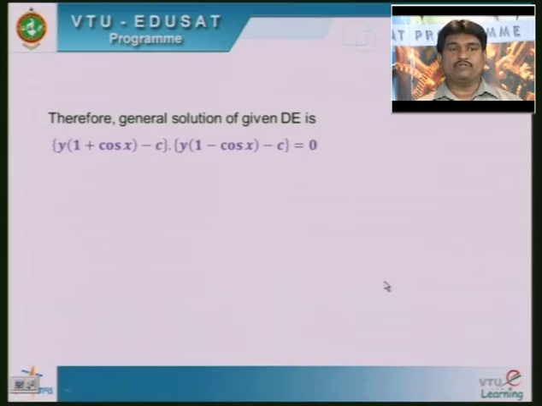Therefore, solution of the given differential equation is y into 1 plus cos x minus c, which is the solution of the first part, and y into 1 minus cos x minus k. Instead of k I have written c, because the general solution of a first order differential equation must contain only one arbitrary constant.